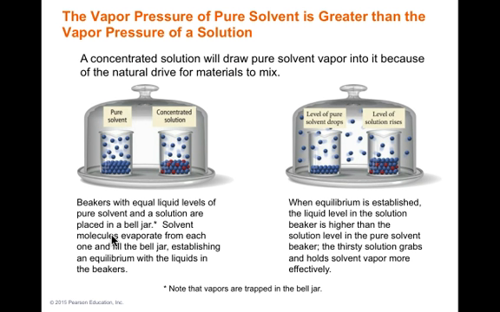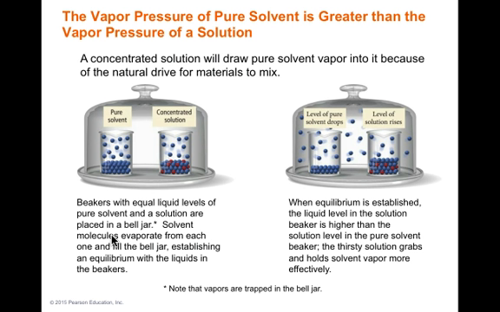The vapor pressure lowering of a solution is also observed when a beaker of pure solvent is placed in a bell jar that also contains a beaker of a concentrated solution. On the left, solvent initially evaporates from each beaker to fill the bell jar with vapor.